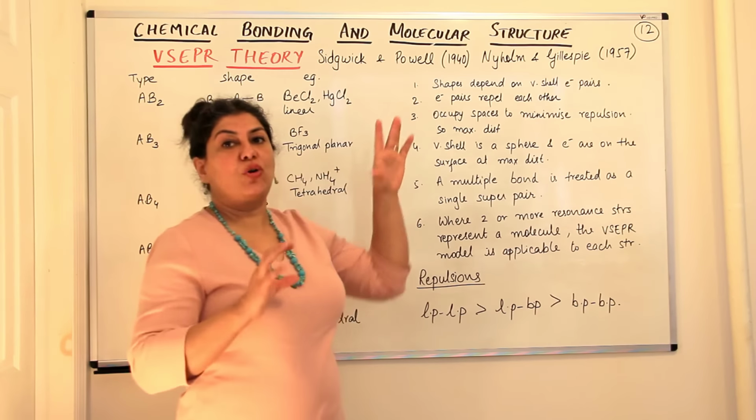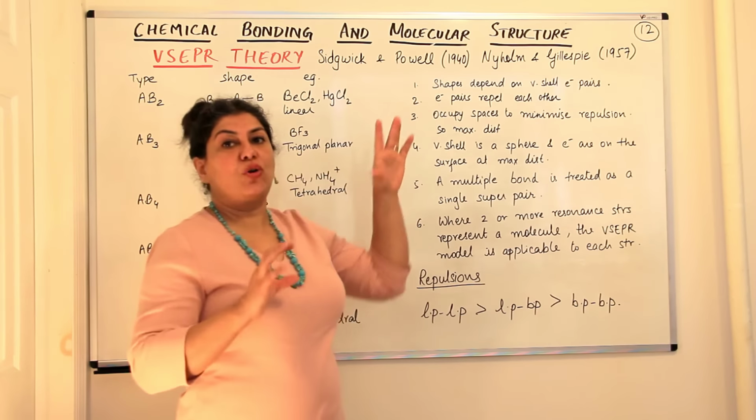Then a little less than that is the lone pair bond pair repulsion. If there is 1 lone pair and 1 bond pair, then the repulsion is a little less than lone pair repulsion. And if you have just 2 bond pairs, the repulsion between 2 bond pairs is the least.